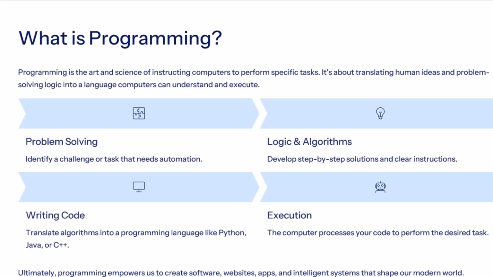Now the writing of the code is where we translate algorithms into the programming language. We have different types of programming languages: the high level and the low level.